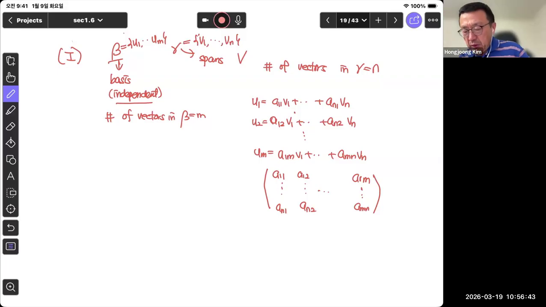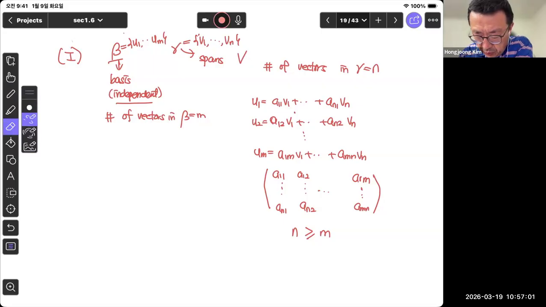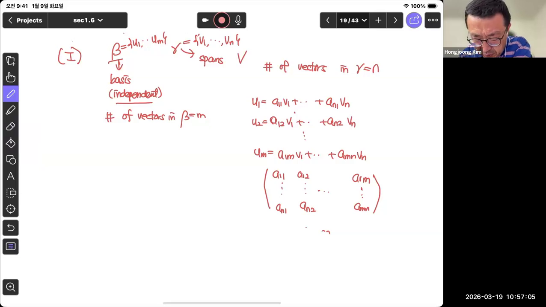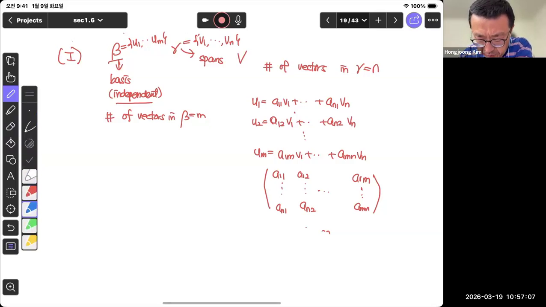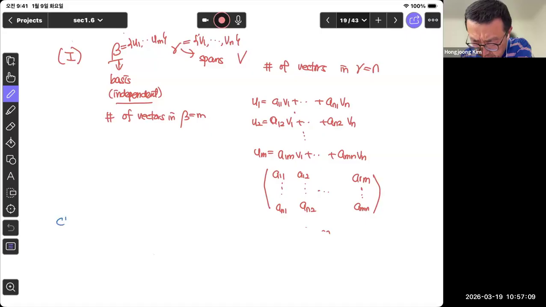So these columns must be independent, meaning n must be greater than or equal to m. Otherwise, we have a problem. So the claim here, you need to think about, is this claim.